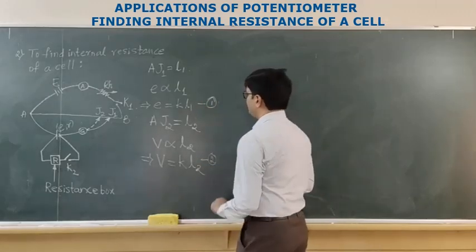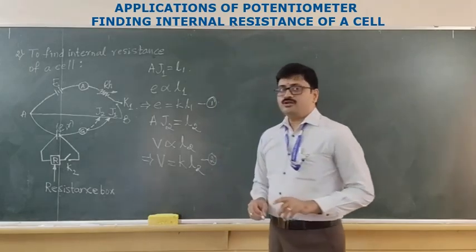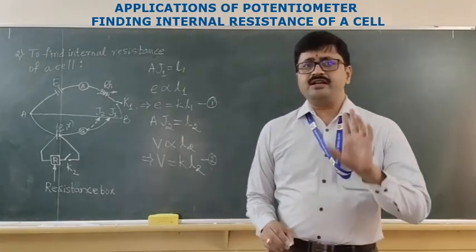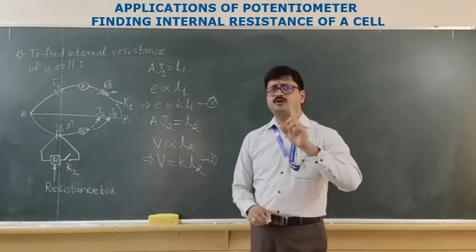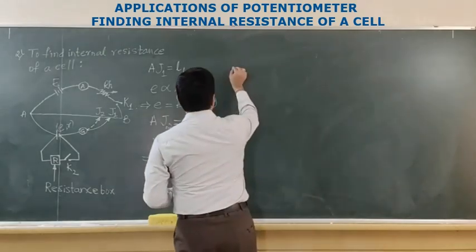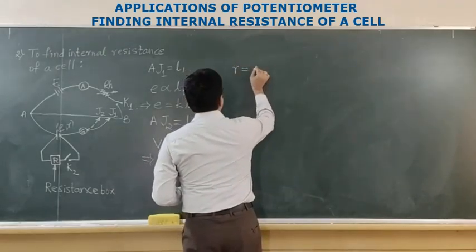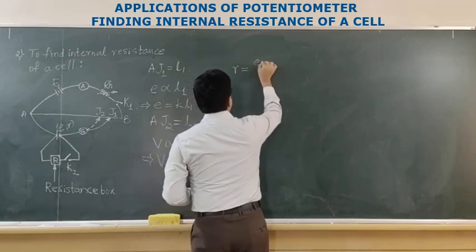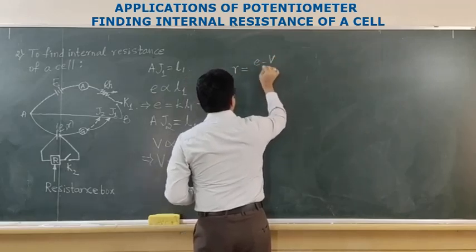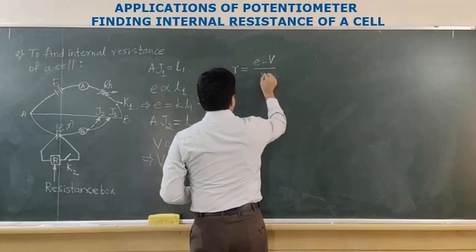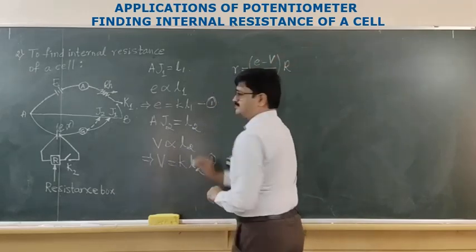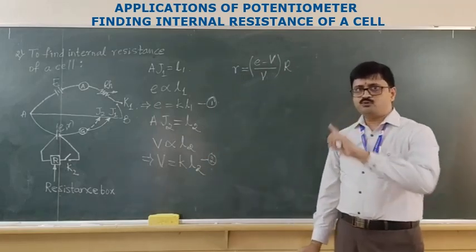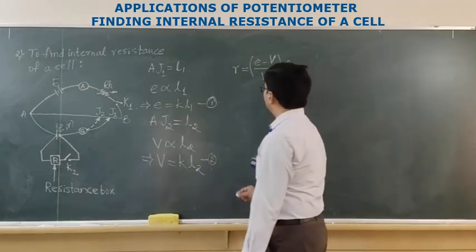Now let us go ahead and understand internal resistance. If you recall the derivation of the internal resistance expression for a cell, we had derived it as r is equal to (E minus V) divided by V, into capital R. I hope you recall this equation.